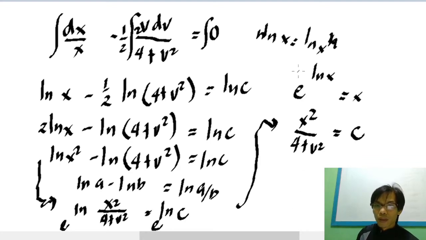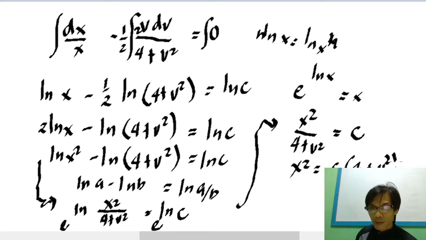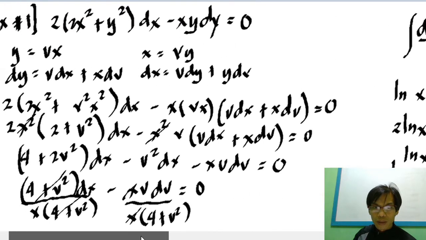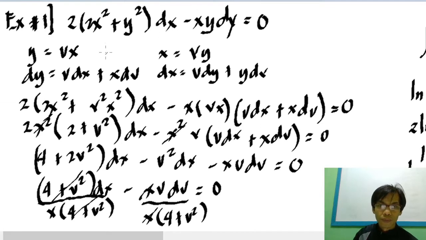Now, we can simplify this further. If we try to simplify this further, we have x squared is equal to c multiplied by 4 plus v squared. But what is v? Let's go back to this problem.